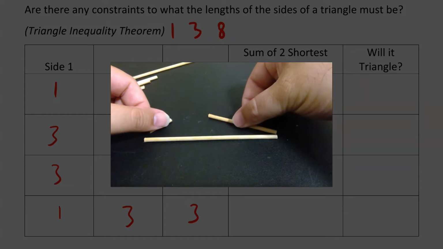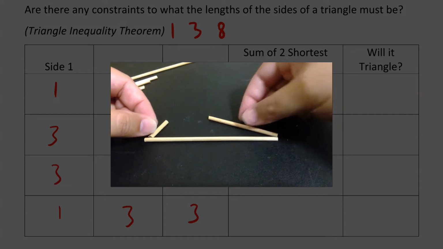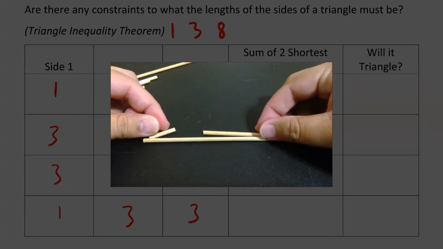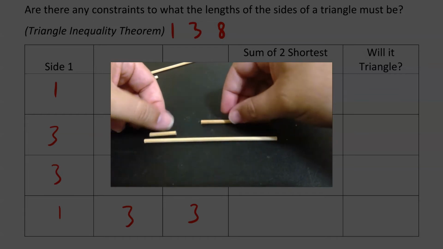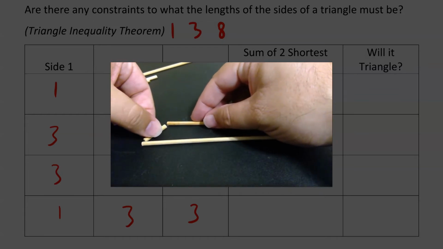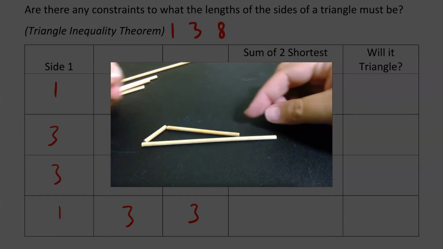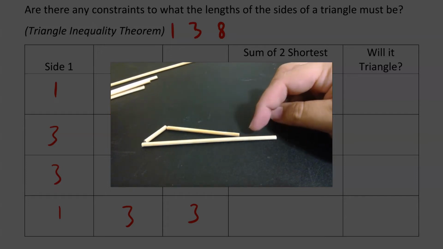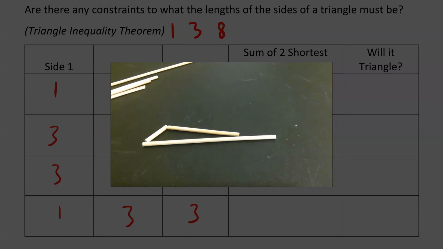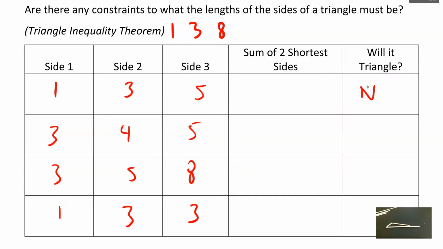If I join them here and here, it doesn't quite reach. I can kind of make a triangle, but I have this extra piece over here. So will it make a triangle? No, it will not. I'm not exactly sure why just yet, but we'll talk about it in a moment.